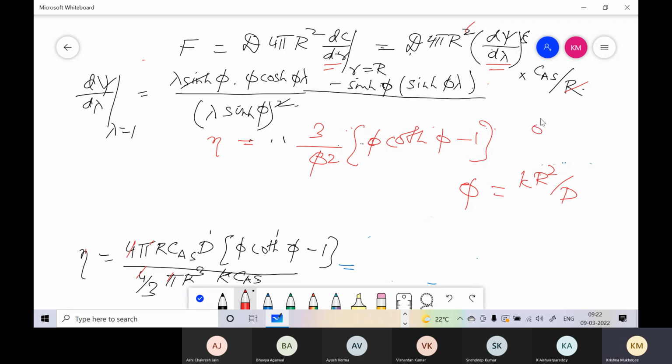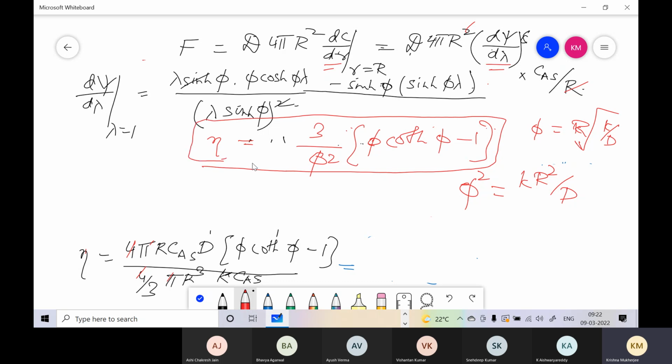I derived this in the last class, R root K by D for first order, because Ca to the n minus 1 disappeared. So I can write this, for first order reactions, where phi square is equal to Kr square by D.